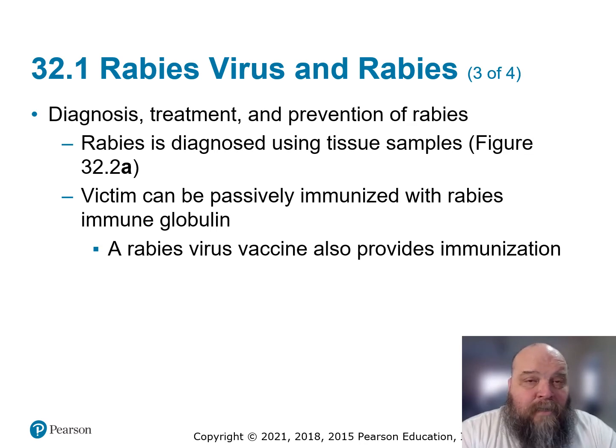You don't make antibodies to it under a normal infection. So they can't test you and say, hey, do they have a high antibody titer? If yes, that means they have an active infection, so they have to take brain.